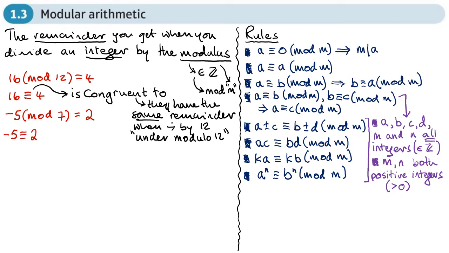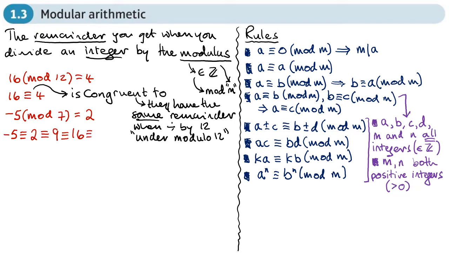Now I can generate other numbers which have the same remainder by adding or subtracting multiples of 7. They're numbers that are all going to have the same remainder. So if I add 7 to 2, I'm going to get 9. So that's congruent. I can add 7 again, 16.